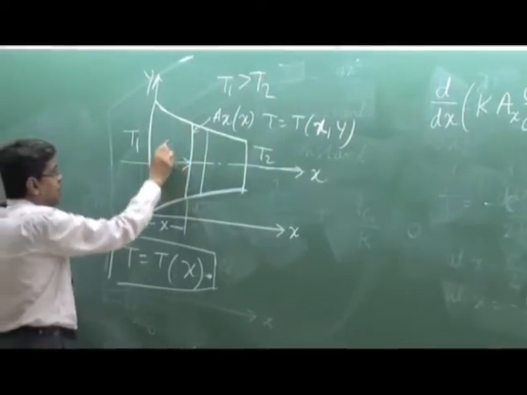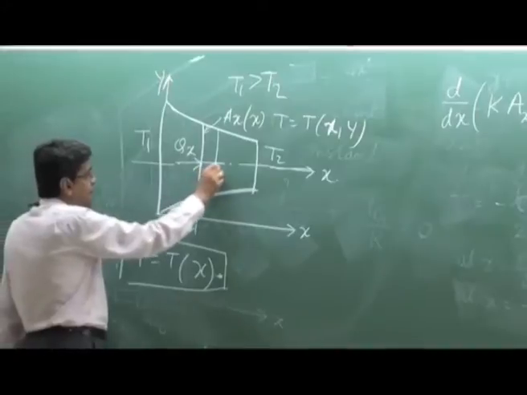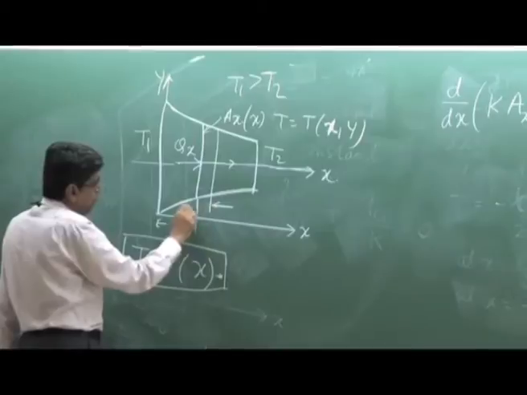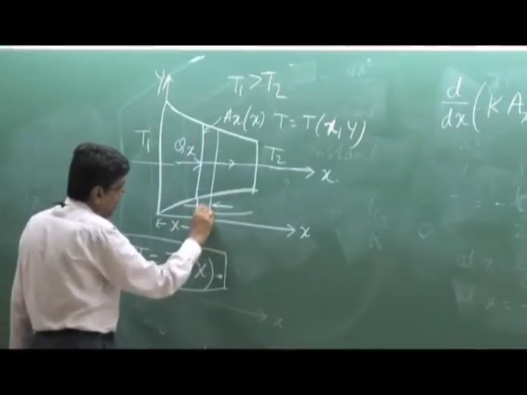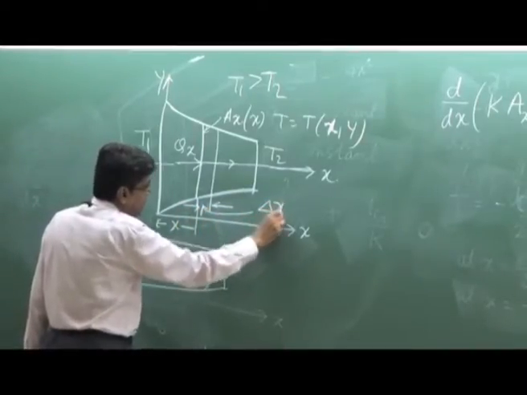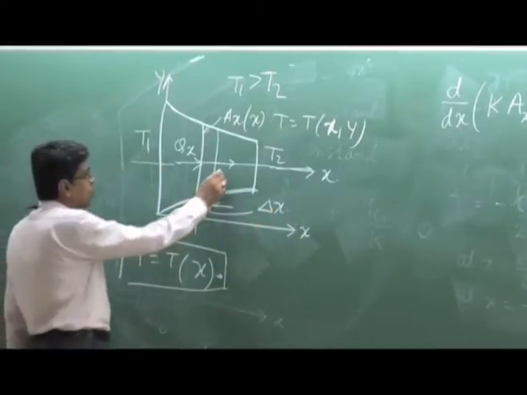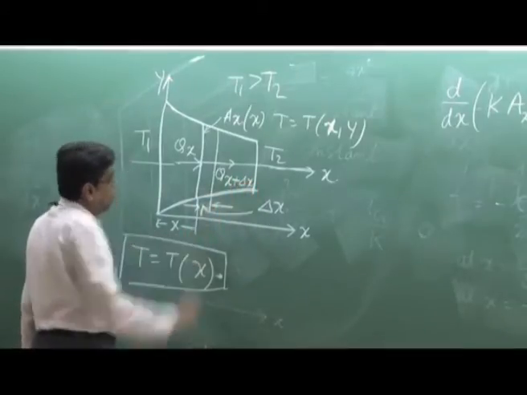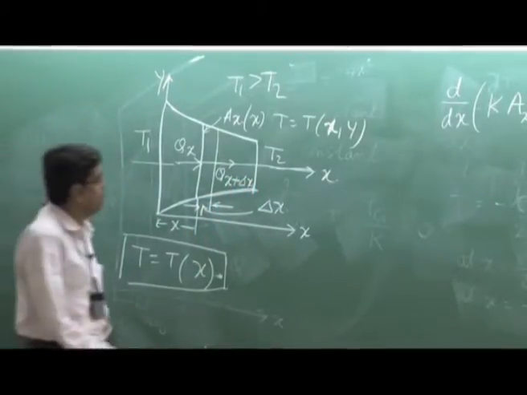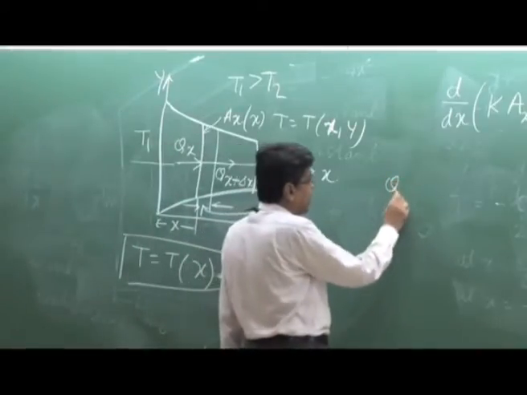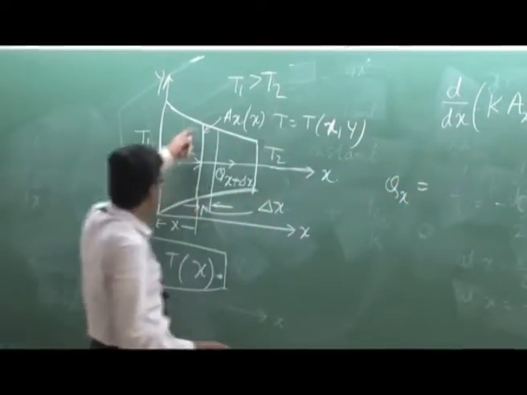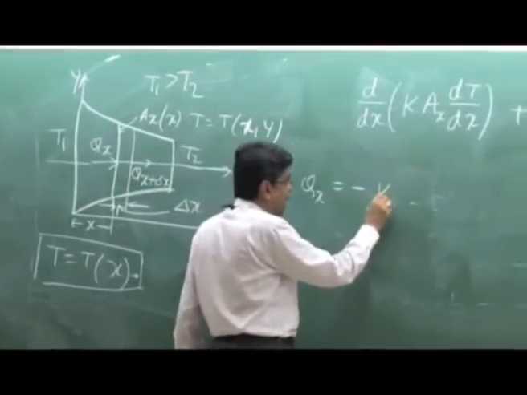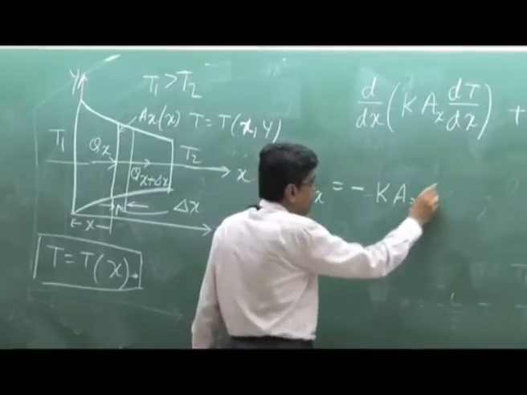The heat flow is Qx, and we consider the element of thickness, that means this one, delta x. So therefore the heat which is going out is Q at x plus delta x. Now I write, by the Fourier heat conduction equation at that section Ax at a distance x, Qx is minus k Ax dT/dx.